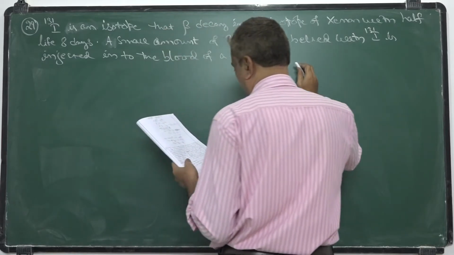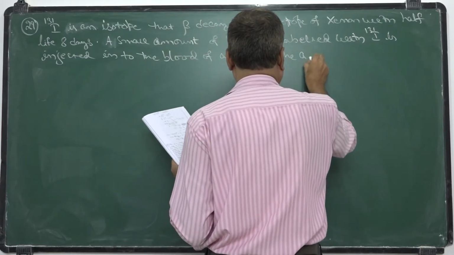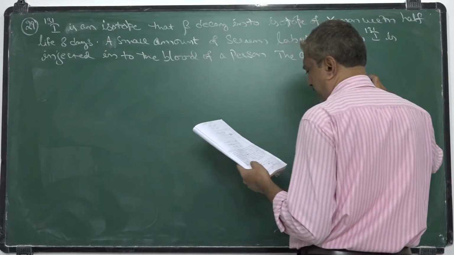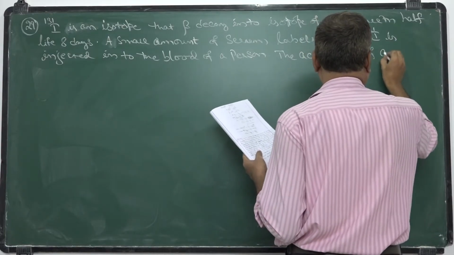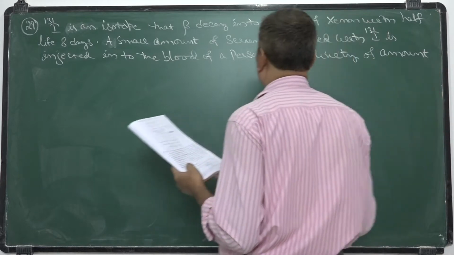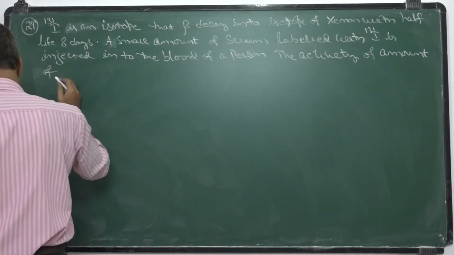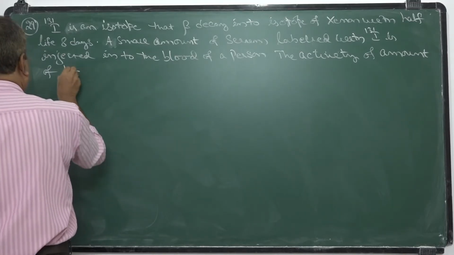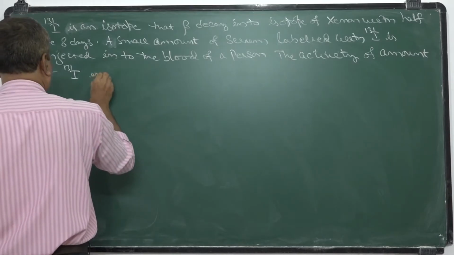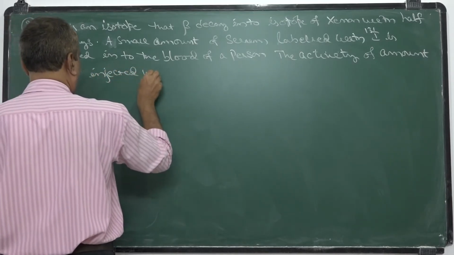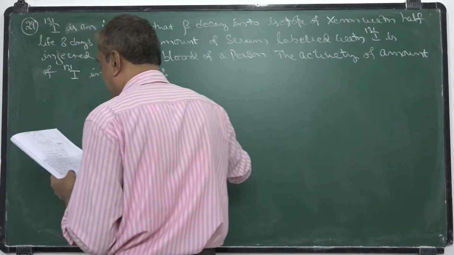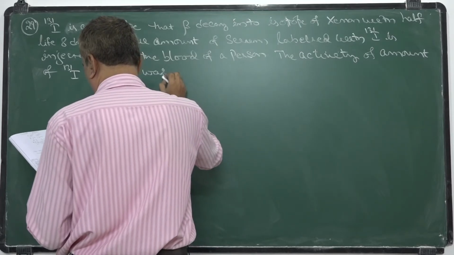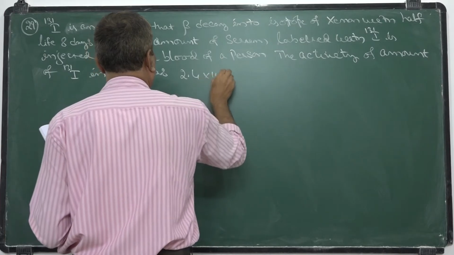The activity amount of I-131 injected was 2.4 into 10 to the power 5 becquerels.